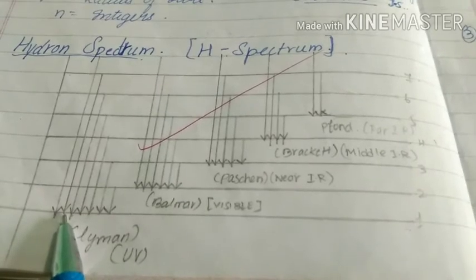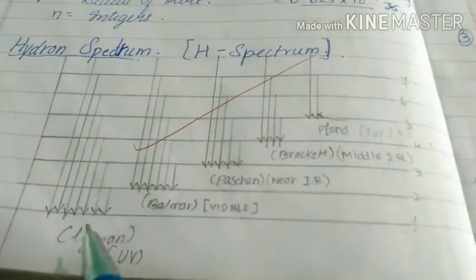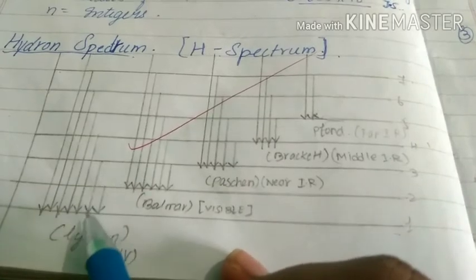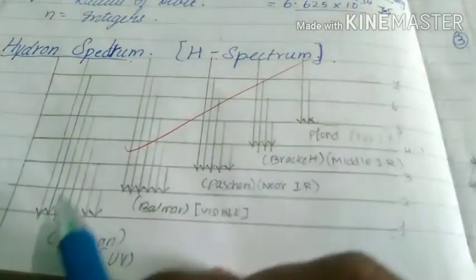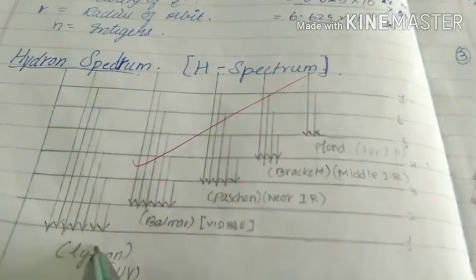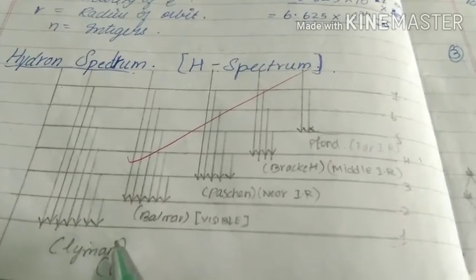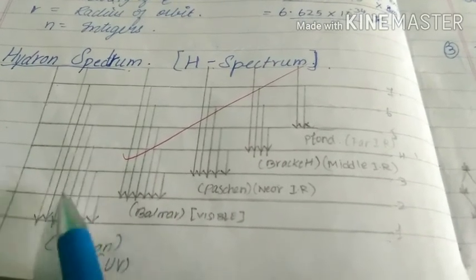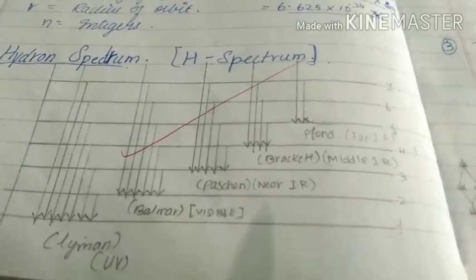When this electron gains energy, it jumps from the first orbit to the second orbit, or first to third, or first to fourth, anything. Again that electron comes back to its original position. In that process, energy is liberated. When that energy is passed through the spectrum, we get spectral lines. These are spectral lines. This is called the hydrogen spectrum.